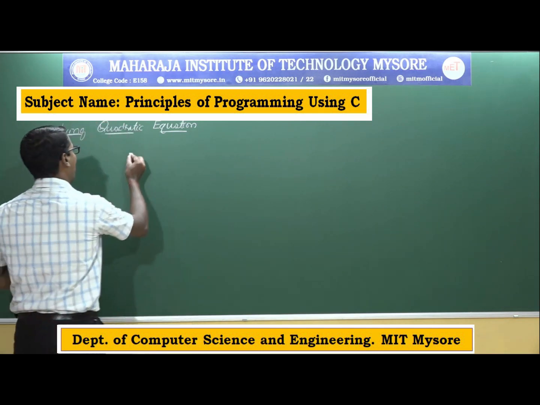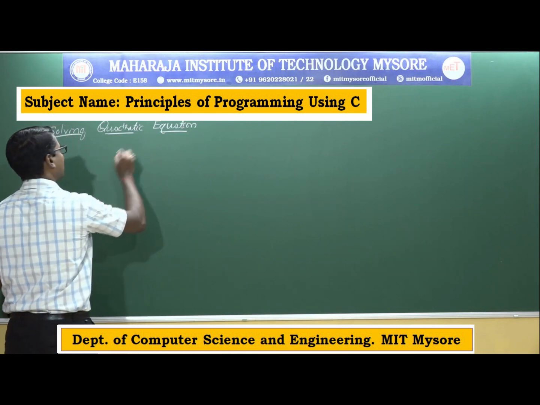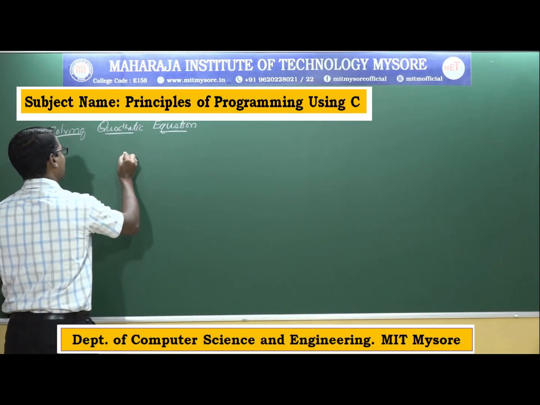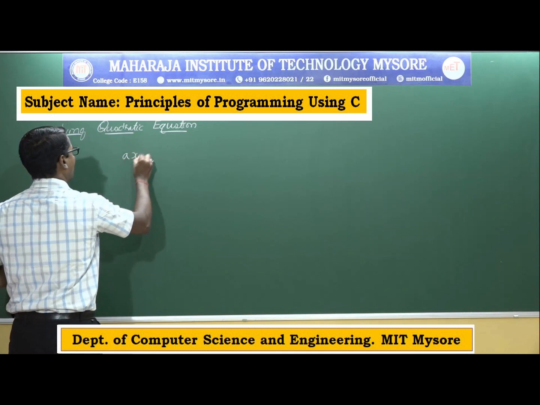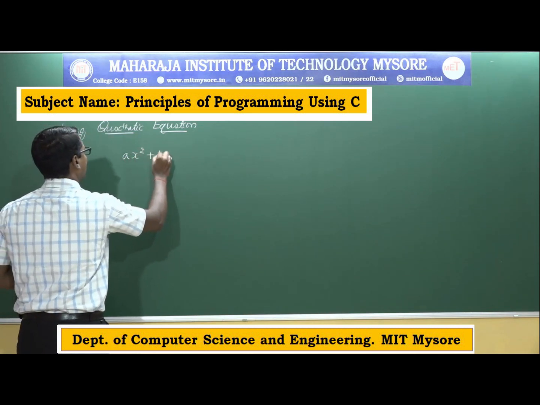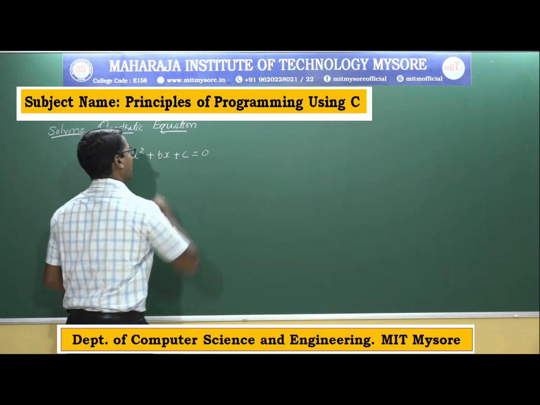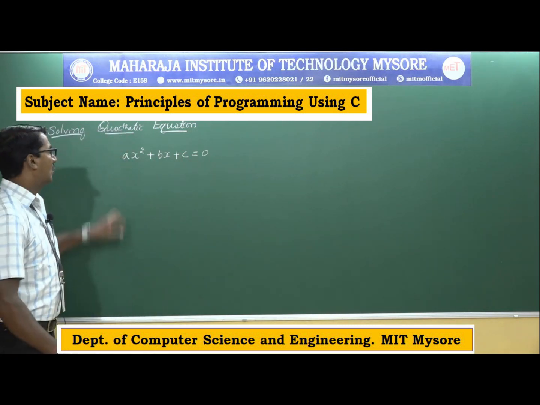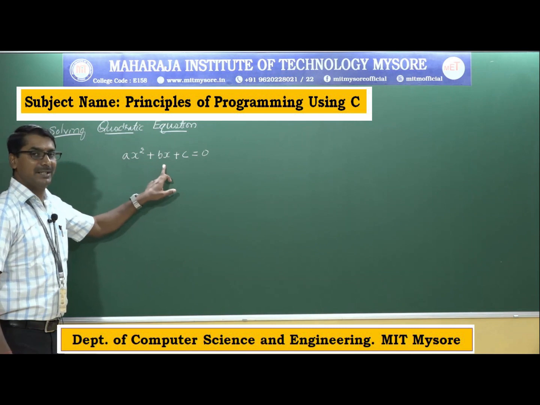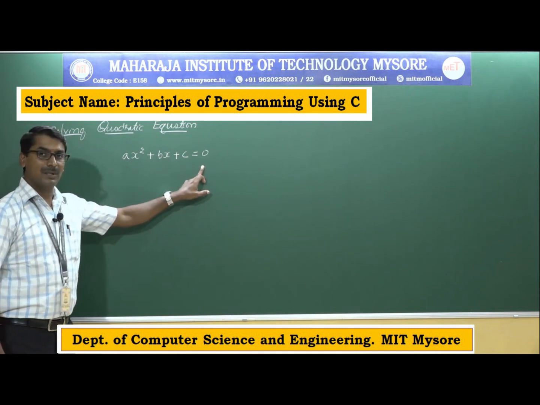So, the equation for the quadratic equation is ax square plus bx plus c is equal to 0. The general form of a quadratic equation is ax square plus bx plus c is equal to 0.